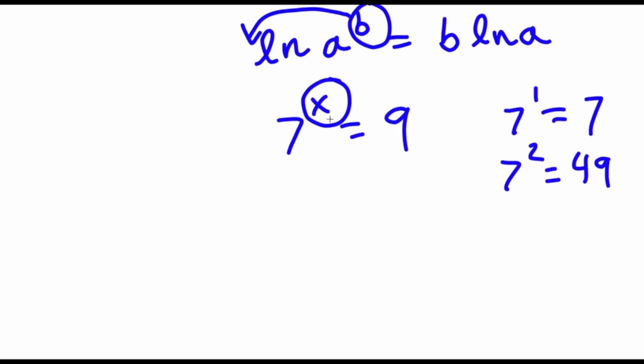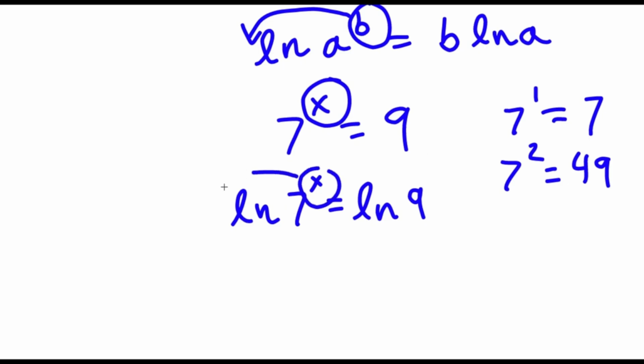So now to find the value of x, at its current state, it is really difficult. However, by using this property, if I take the ln on both sides, I can now move this to the front, so now I have x times ln 7 is equal to ln 9.